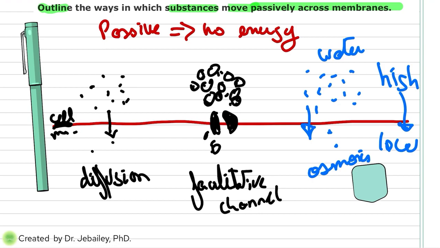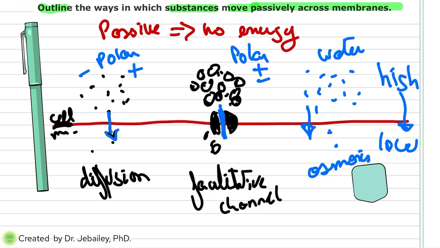Now, another interesting thing about substances moving past is that if they have charges, positive and negative, they are polar, right? These ones have to go through the channel because the channel will allow them.